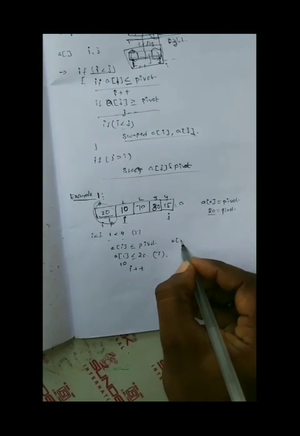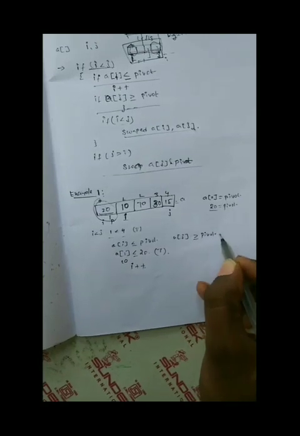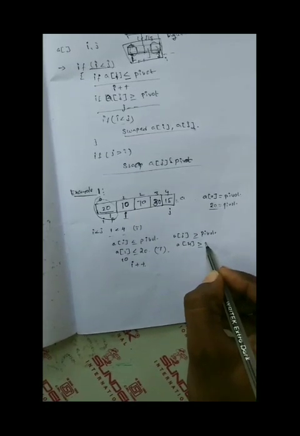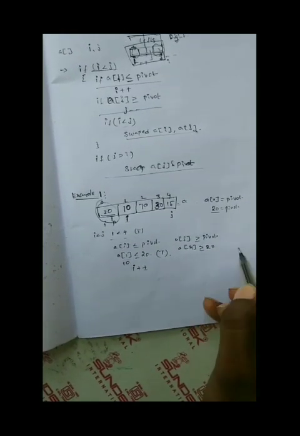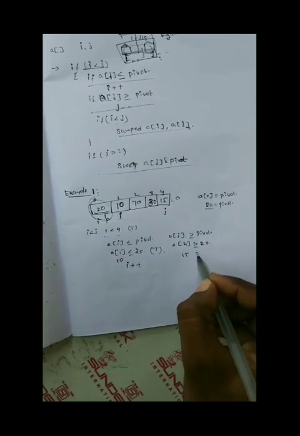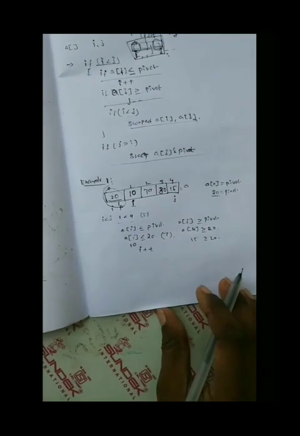Now another condition is going to be checked: A of j greater than or equal to pivot, and A of j means A of 4, greater than or equal to pivot, which is 20. Is 15 greater than 20?